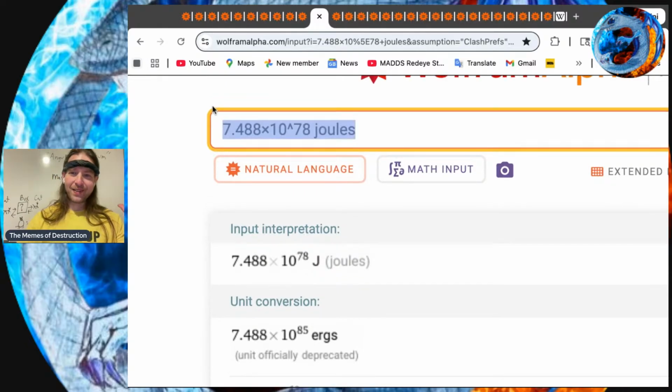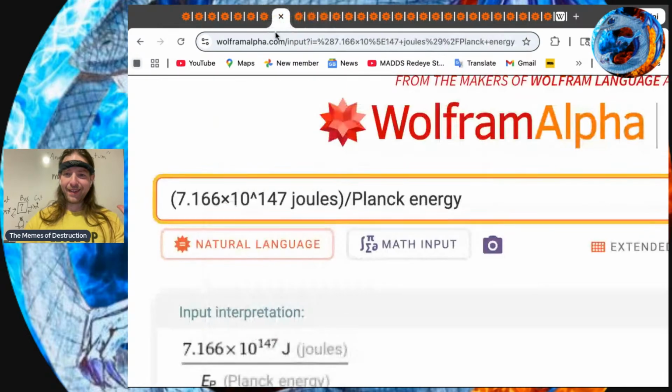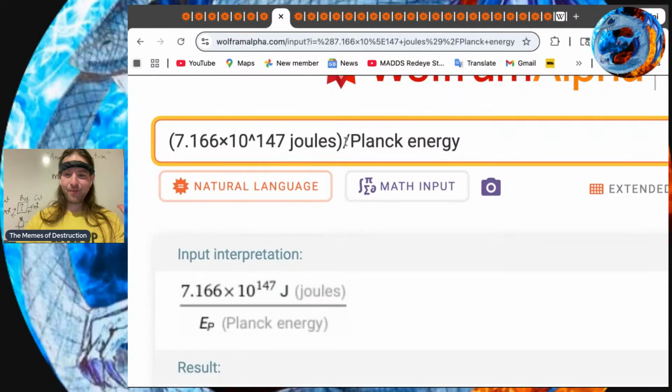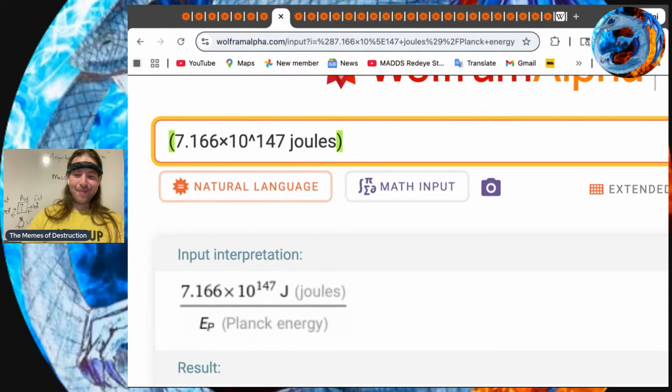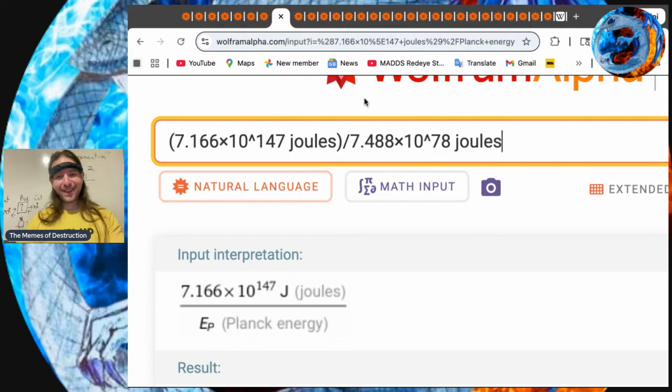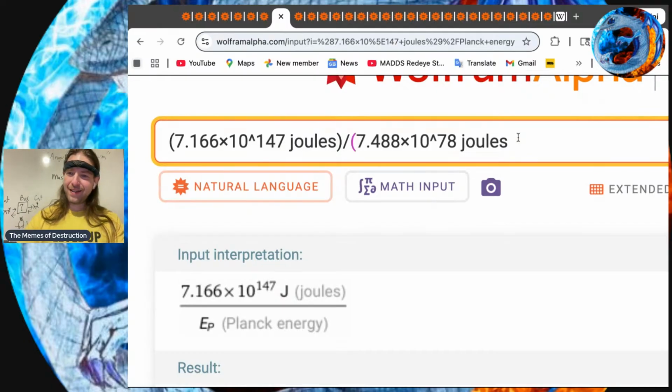That's a ginormous number, but it's not quite as ginormous as this number here. Okay. That's a lot more joules. So my thought is, that was the number from a calculation assuming a lot of the same things.